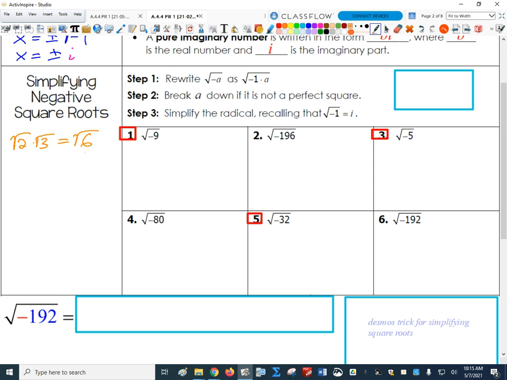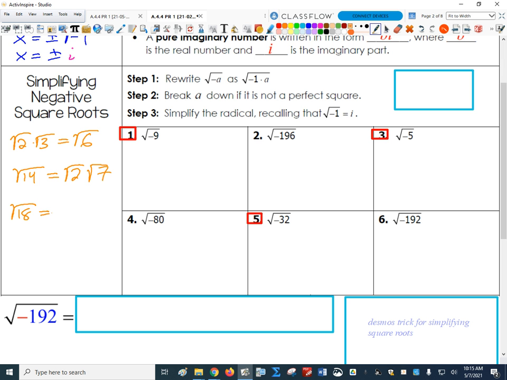Okay? So what is, for example, the square root of 14? I could write that as what then? Give me a product of 2: the square root of 2 times the square root of 7. Good. And this would be a useful one. How about if I had the square root of 18?